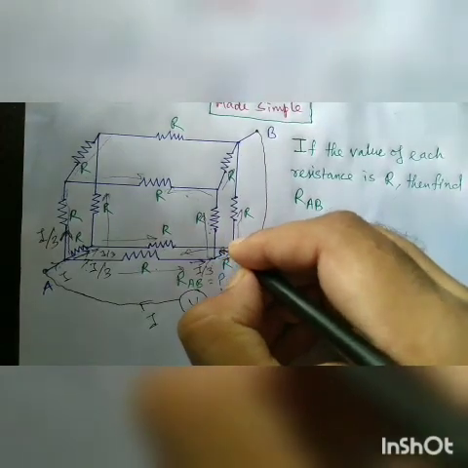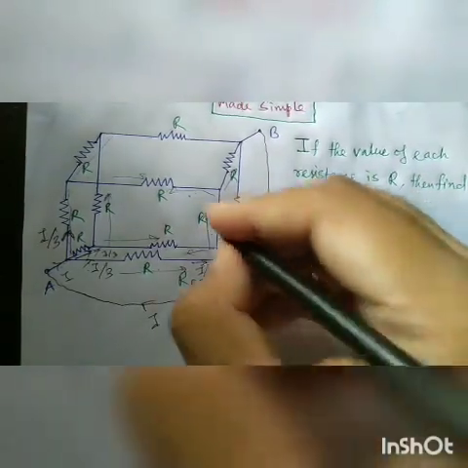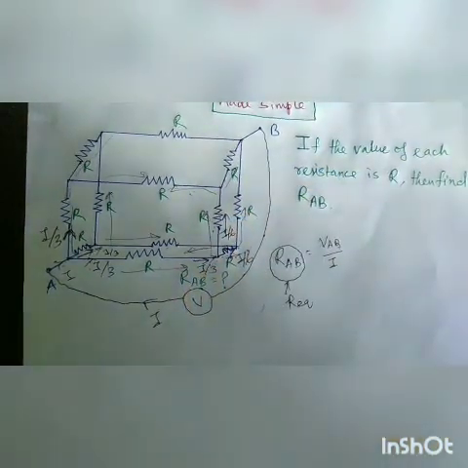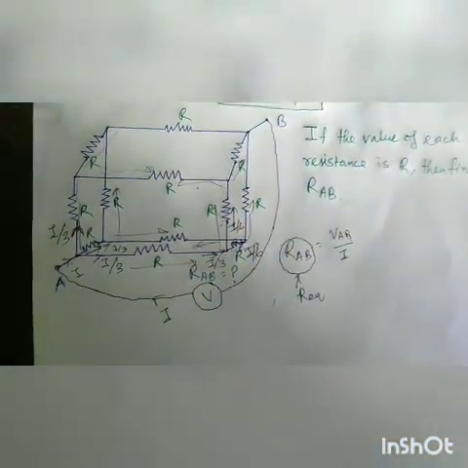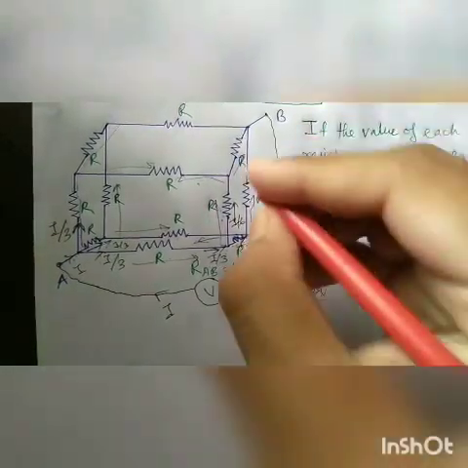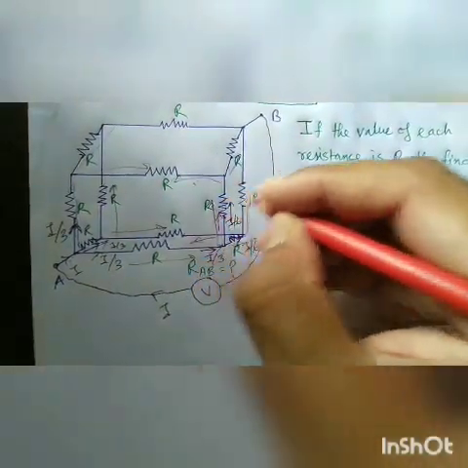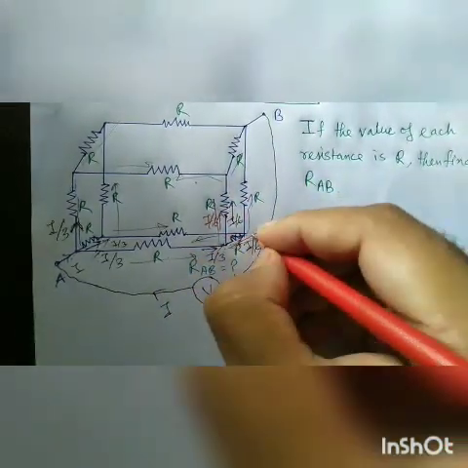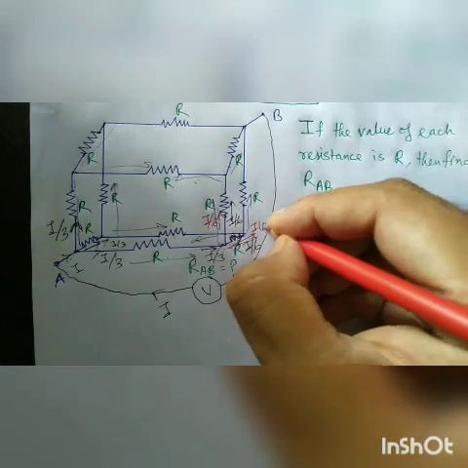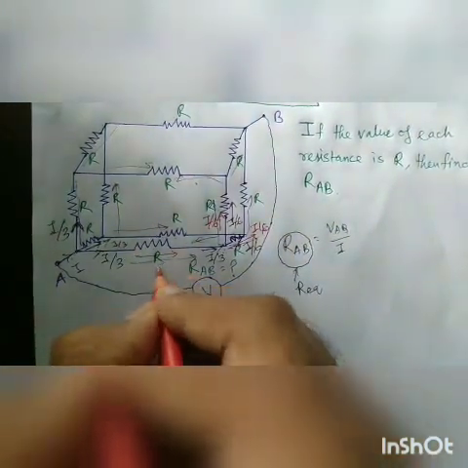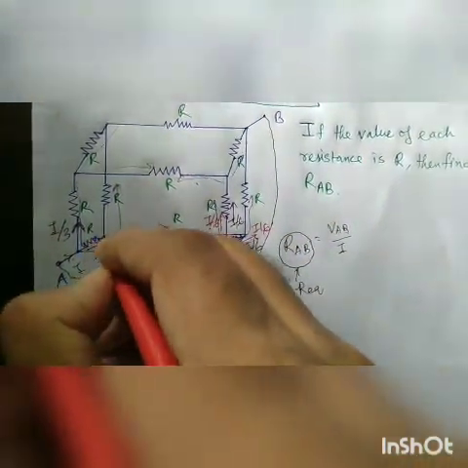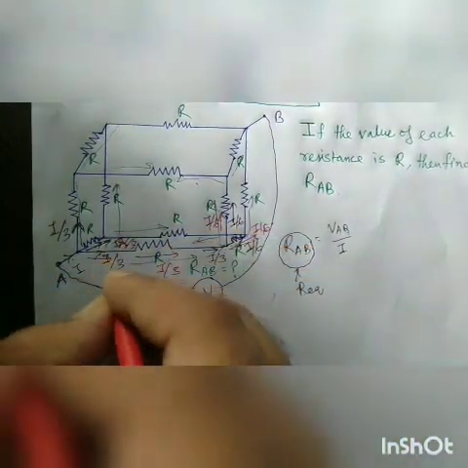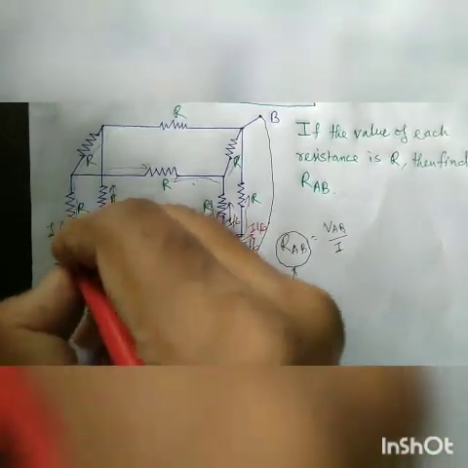The current flowing through this will be I by 6, and the current flowing through this will be I by 6. Let me use another color so it will be easier to identify. I by 6, through here also I by 6, here it was coming like I by 3, here I by 3, through this I by 3, and through this I by 3.